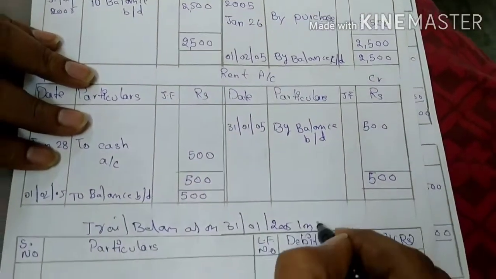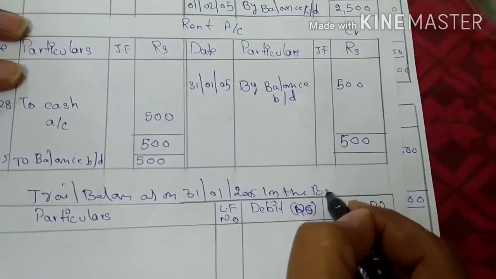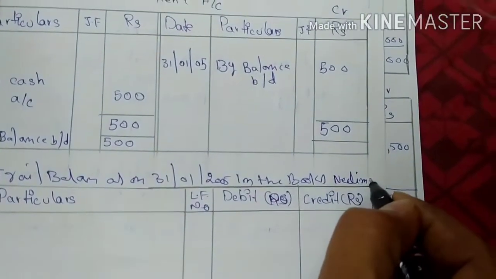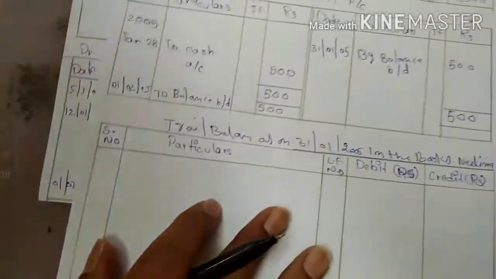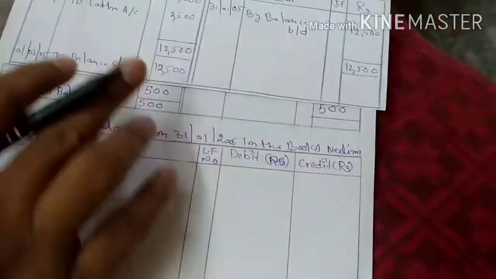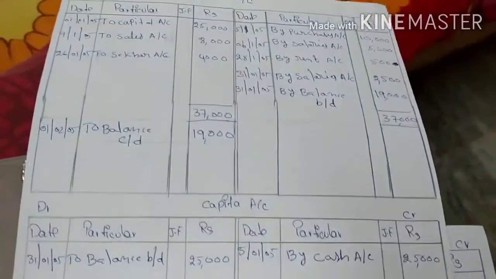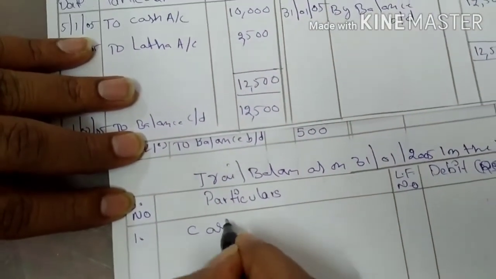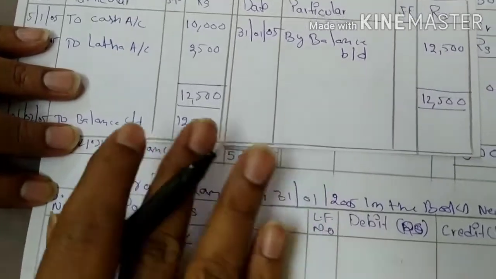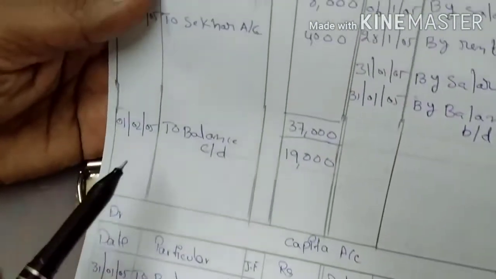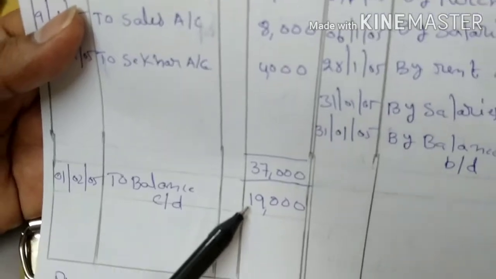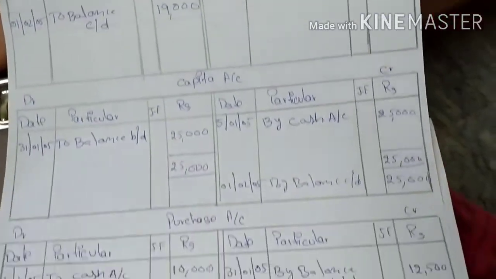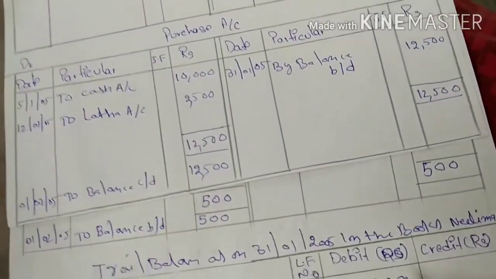Likewise the heading we need to write. So here first the account we have prepared, that is the cash account. Serial number 1, cash account. For this amount, the February 1st total needs to be found. February 1st 19,000 is there, that is on the debit side. So debit side 19,000 needs to be posted.